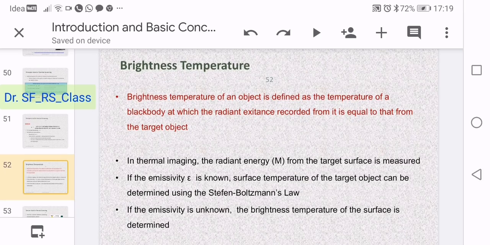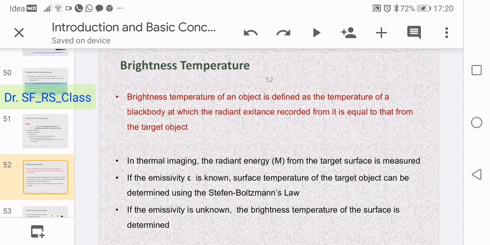It's a situation where the radiant excitance of a black body and the target object will be similar at a particular temperature. Then it's called the brightness temperature.